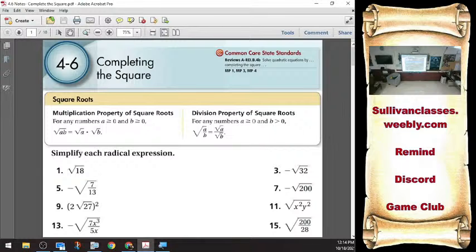This is pre-calc. I don't know, what are you looking for? Did you turn in a different file? That is a different file. Okay. I will need to see that after class.